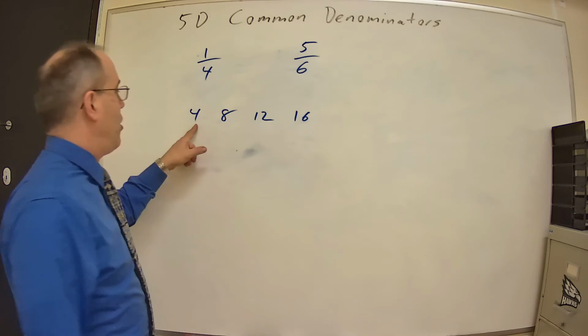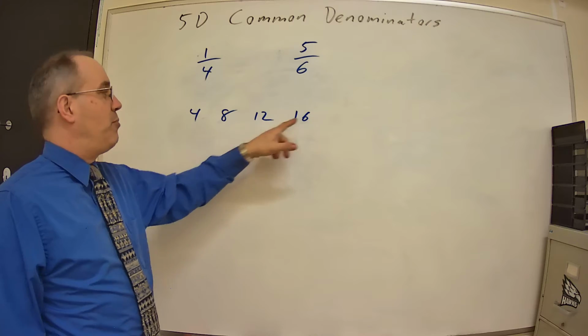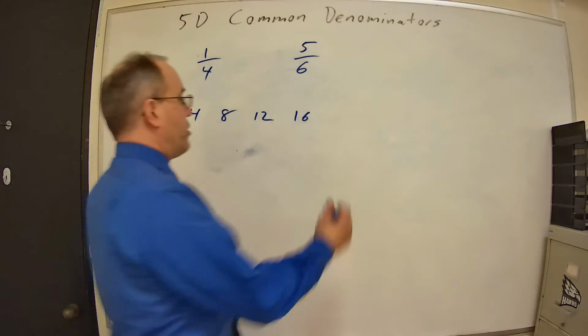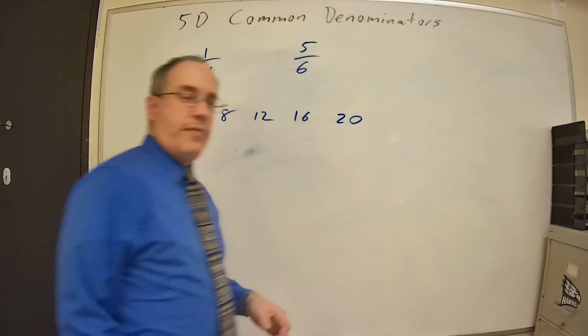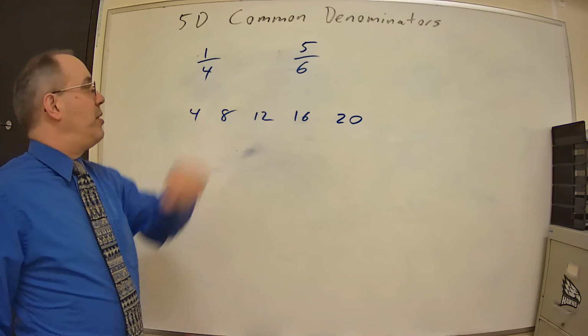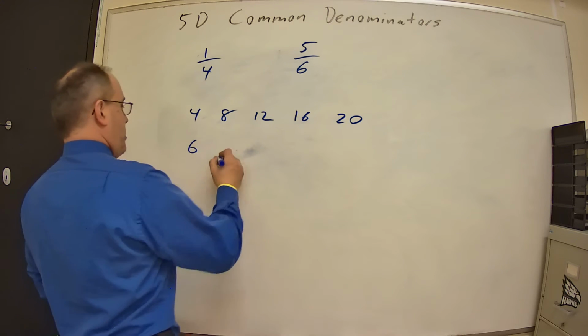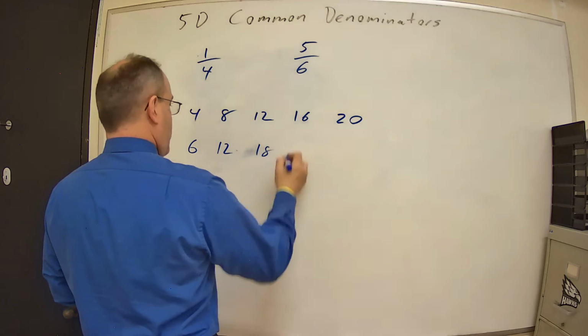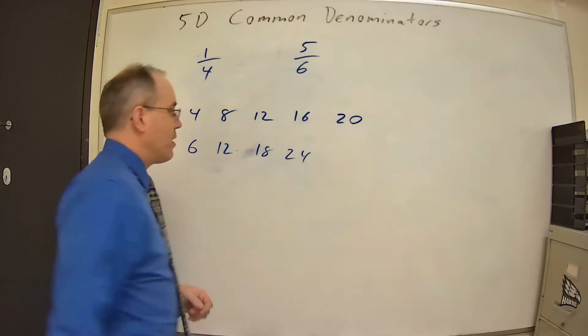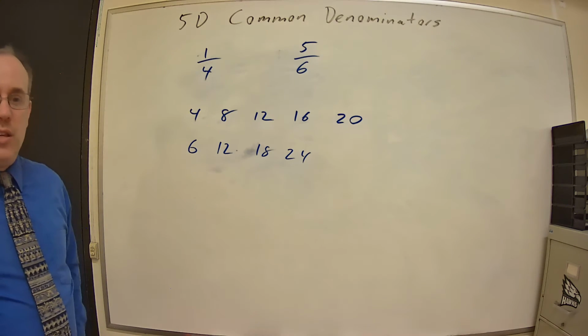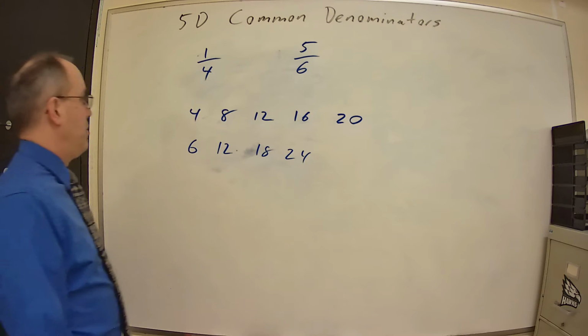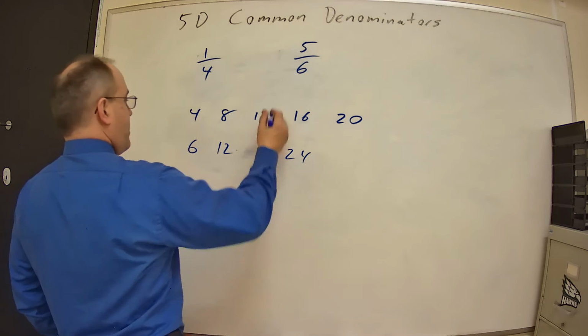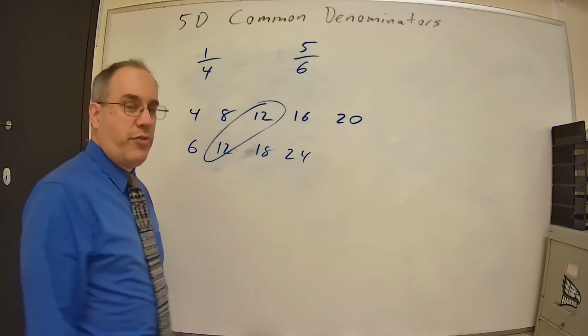Or I could just say 4 plus 4 is 8, plus 4 is 12, plus 4 is 16, plus 4 is 20, right? And what about 6? 6 plus 6 is 12, plus 6 is 18, plus 6 is 24. And then we find the least common multiple, which in this case is going to be 12.